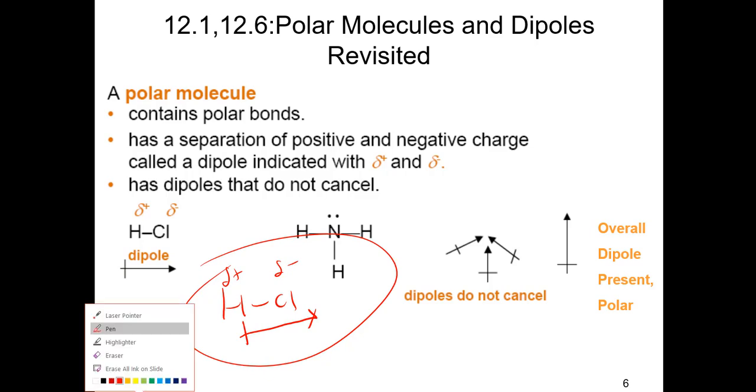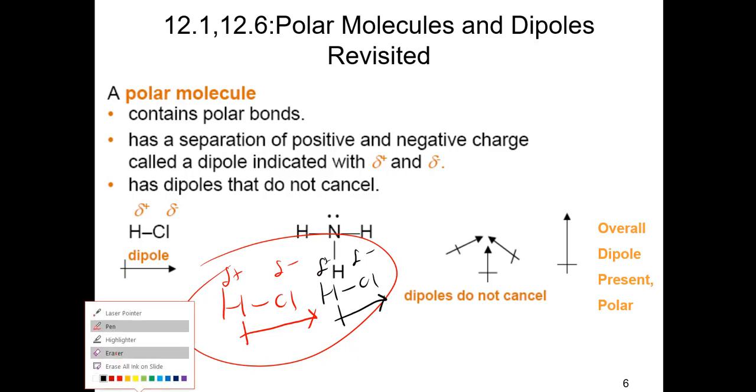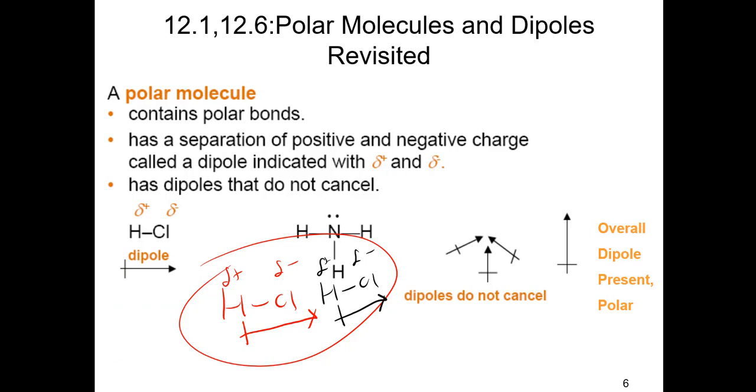So for example, if I were to sit there and draw another hydrogen chloride, and I'll do this using a black marker. There's a partial positive, partial negative. There's a dipole going this way. And then they're going to be attracted to each other due to opposite charge attraction. So the yellow indicates the attraction.